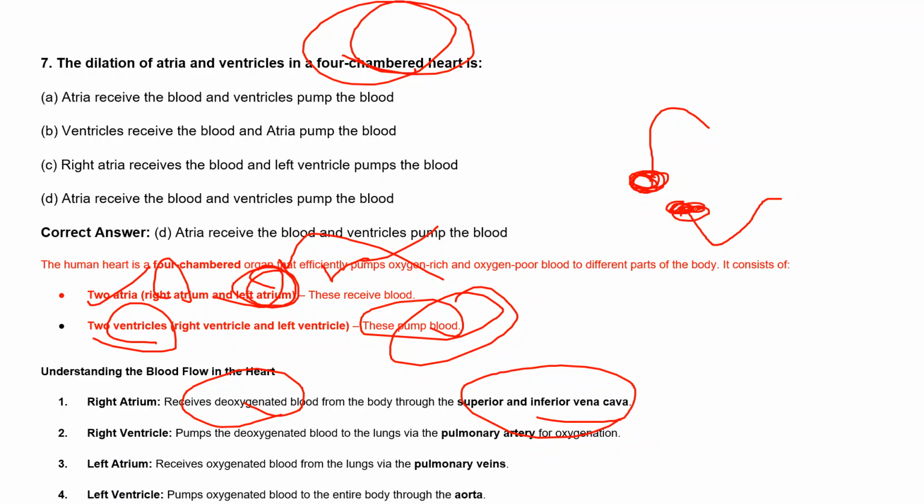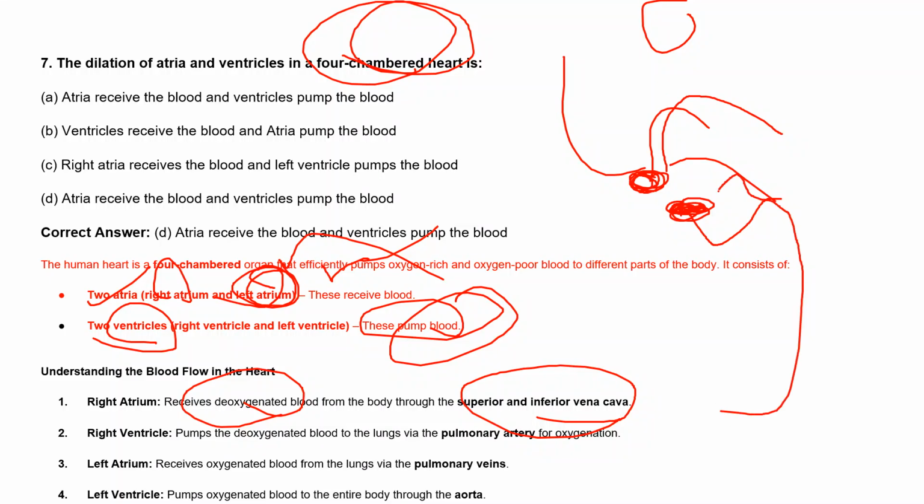We call this the inferior vena cava. These two openings receive the deoxygenated blood from the body. The superior takes the blood from the upper part of the body, that is head, hands, shoulders and all, and the inferior vena cava receives the deoxygenated blood from the lower part of the body.